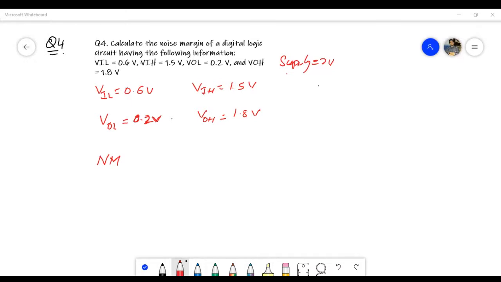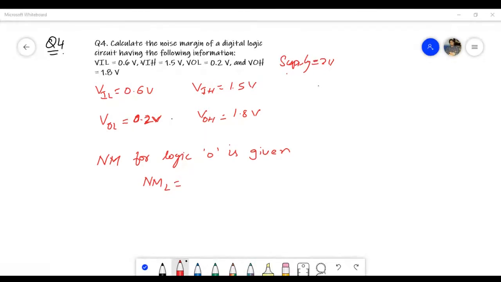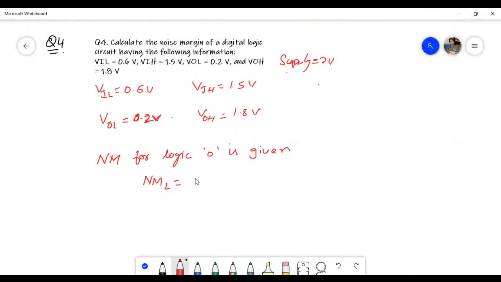Noise margin for logic 0 is calculated as noise margin for low is V for low and.